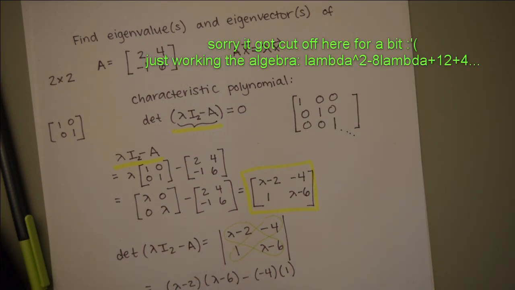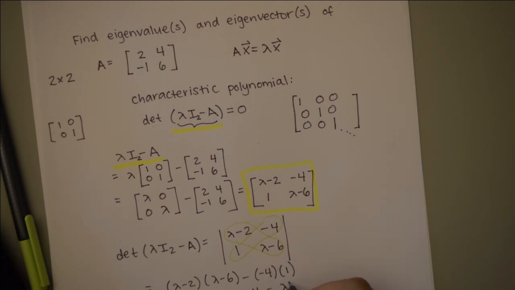So lambda squared minus, outer is negative 6 lambda, inner is minus 2 lambda, so that'll be minus 8 lambda plus 12, negative 2 times negative 6. And then we have a minus 4, so plus 4, which is lambda squared minus 8 lambda plus 16. So now we set this determinant to equal 0.